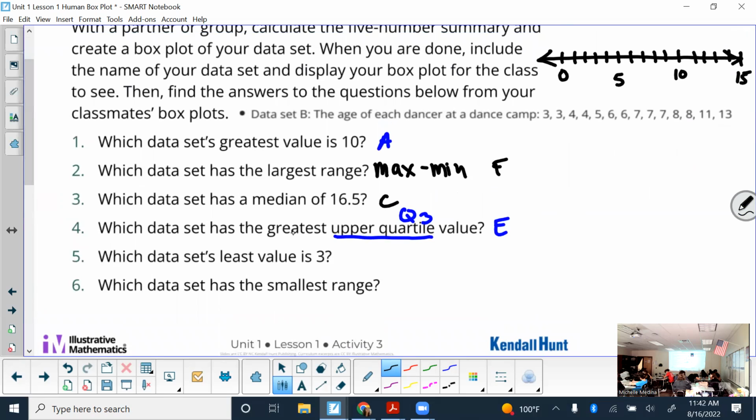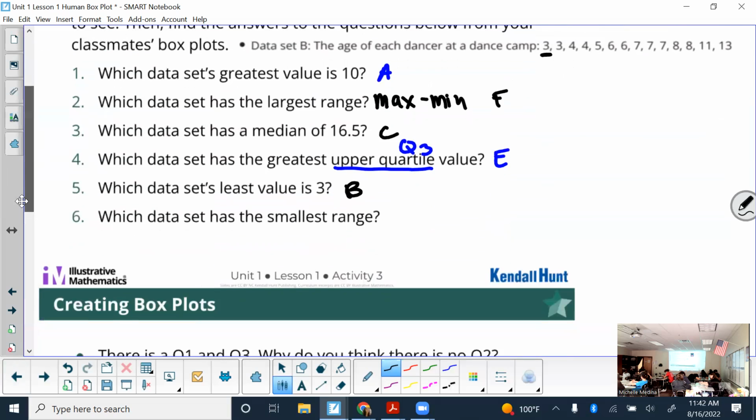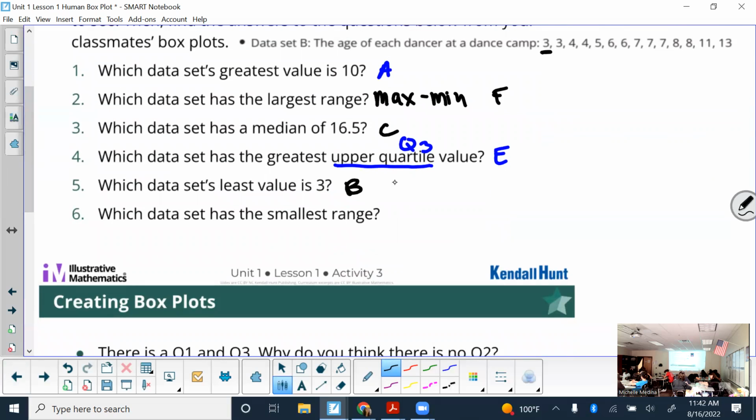All right, which data set's least value is 3? B is correct. You can look at it from the list, but if you're looking at it from the box plot, it would be the first dot, right? So B for having the least value of 3. And which data has the smallest range?